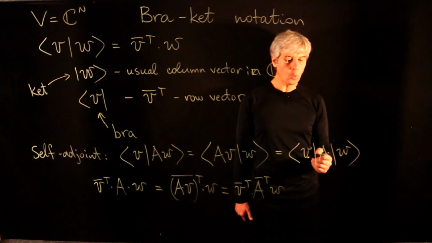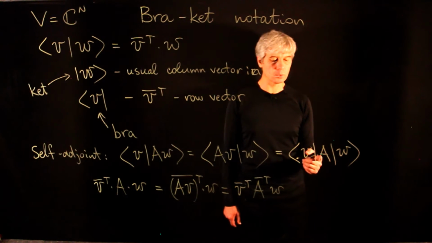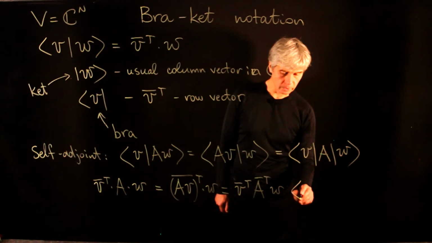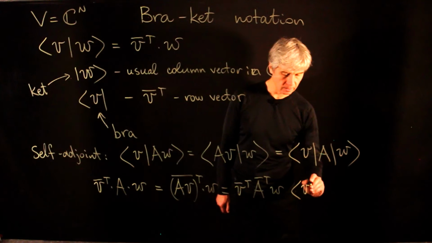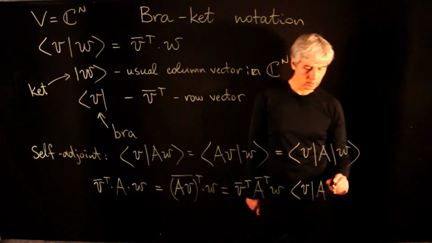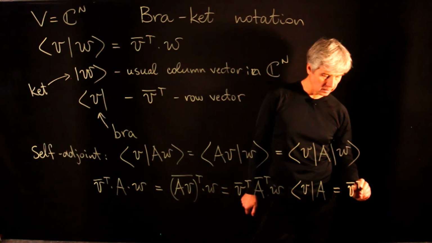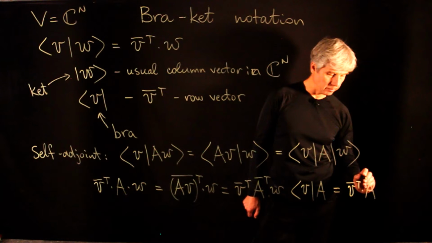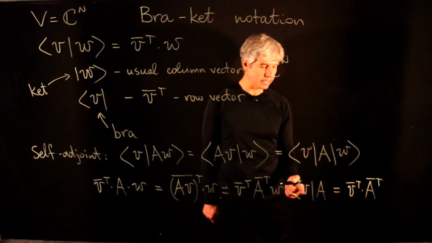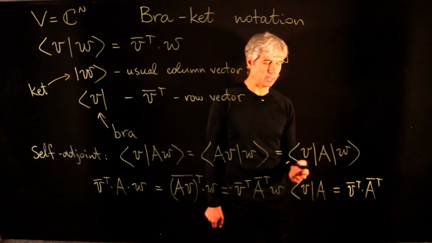Or you can apply this operator to the left factor, to a Bra, right? And so then what you have is V and then A acting on a row vector. So this is equal to V bar transpose times A bar transpose. So this is how we can define the action of self-adjoint operators on Bra vectors.